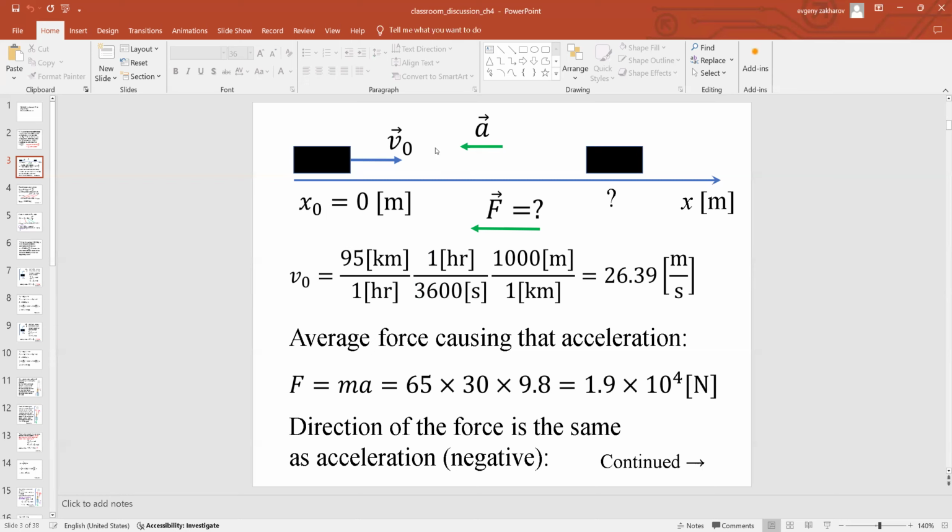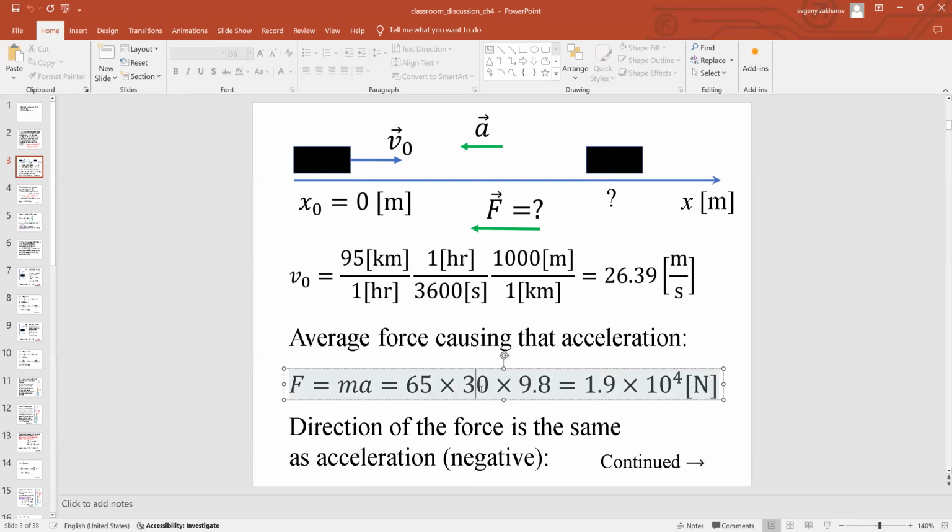So if acceleration is to the left, then the force is also to the left. So force, acceleration, initial velocity, and we come to a stop, so final velocity is 0. And the question is, how far do you travel? What's the distance traveled? What is the displacement?